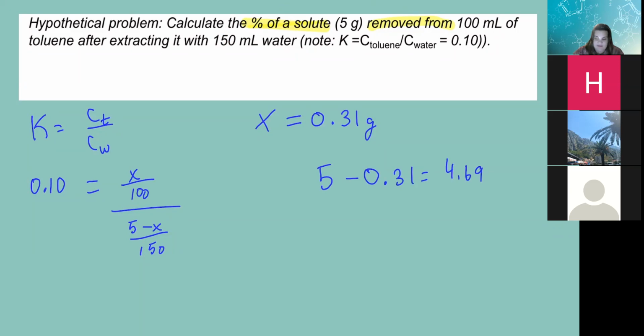And then you divide that by 5. So it's 4.69 grams removed from toluene. Anything removed from toluene goes into water. So here we get 94% has been removed from toluene.